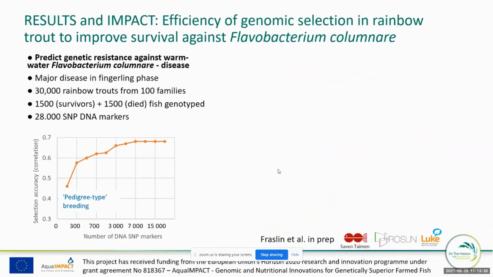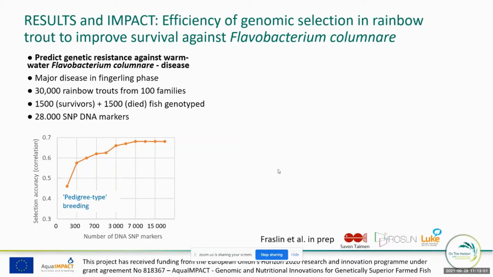On the graph here on the left, on the y-axis, we have selection accuracy. This means the accuracy at which a breeder can predict the genetic superiority of the fish to survive or to die under this disease.